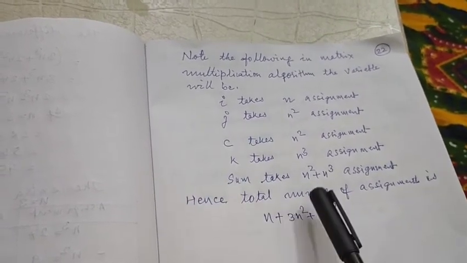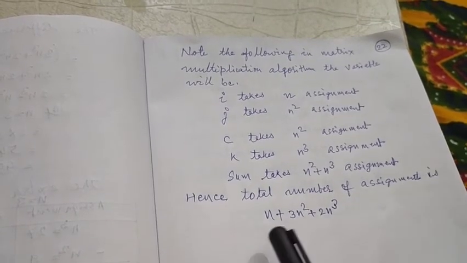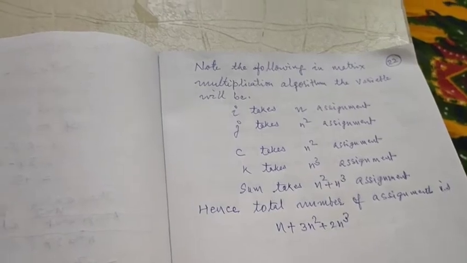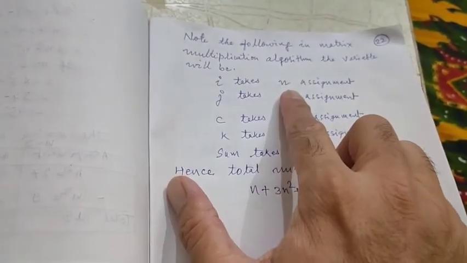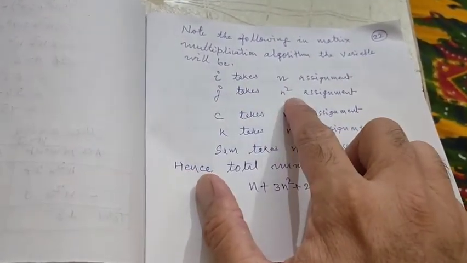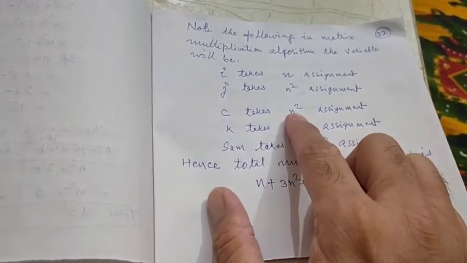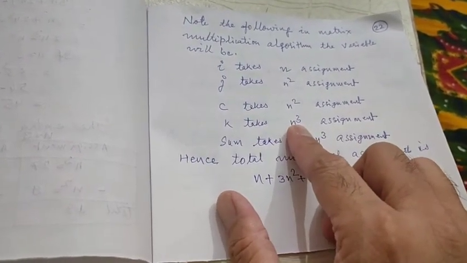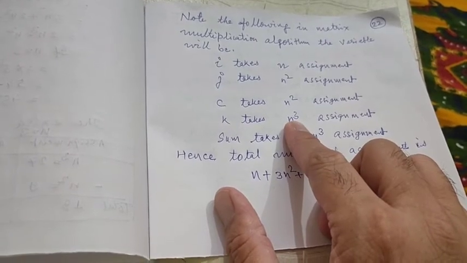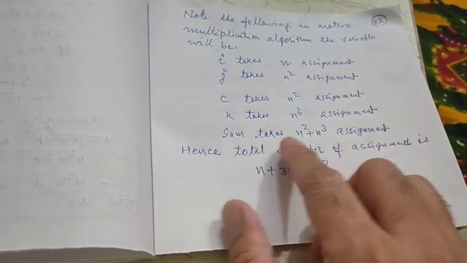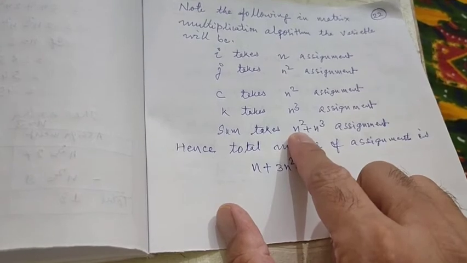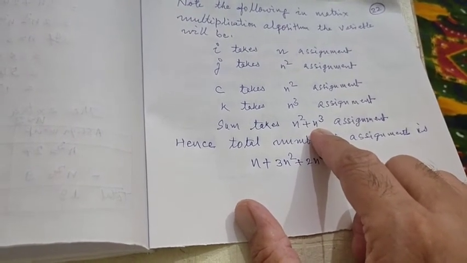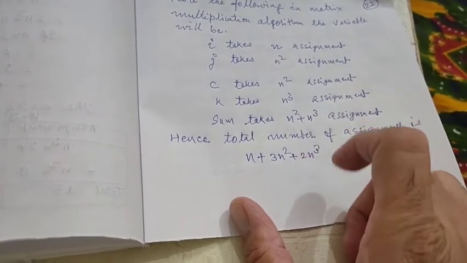Hence, total number of assignments is n plus 3n square plus 2n cube. i is 3 times, j is 9 times, C is 9 times, k is 27 times, sum is first initialization and other sum is 27 times.